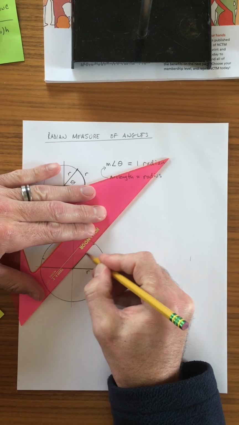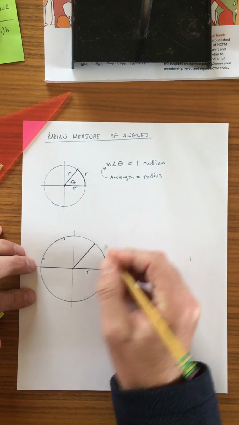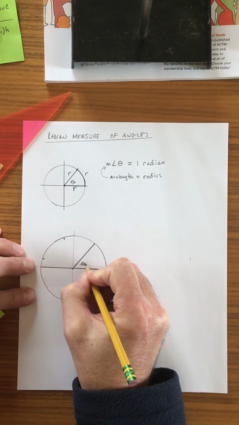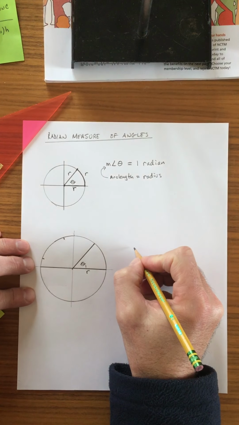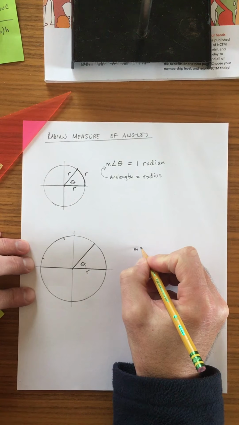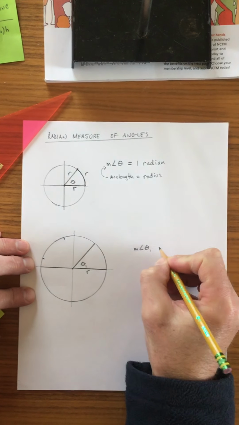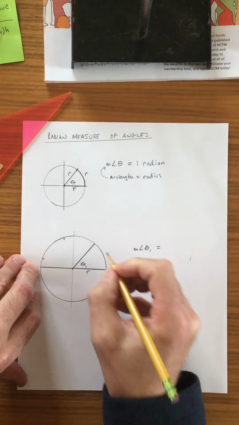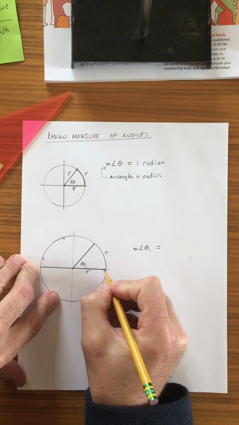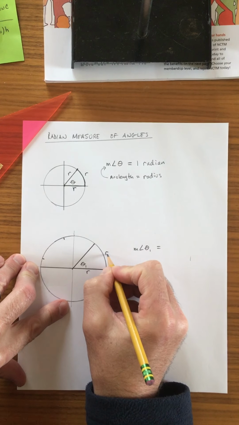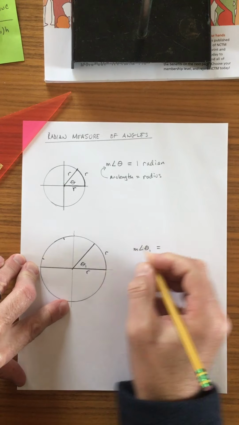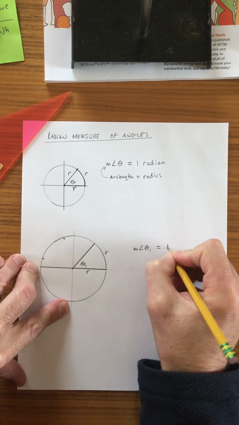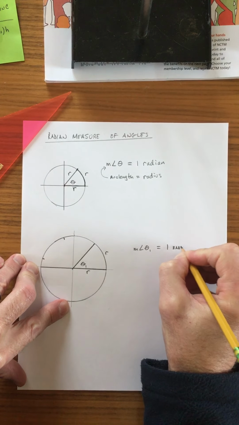I'm going to call that angle 1. So the measure of angle 1 is equal to, now remember, this arc length is r, same as the radius, and so that angle is 1 radian.